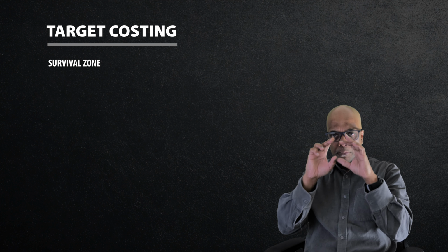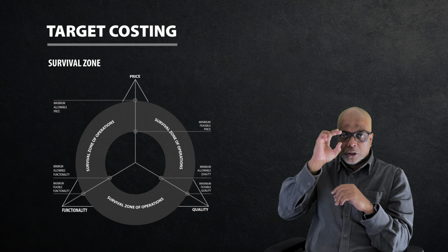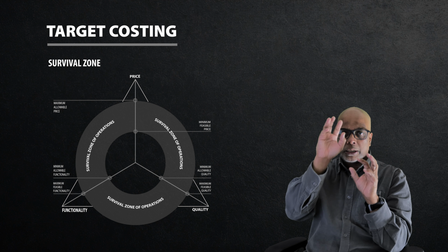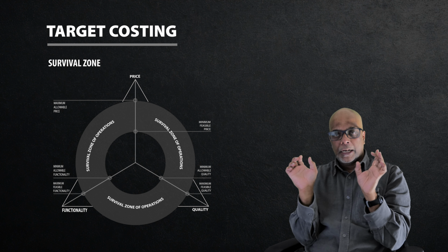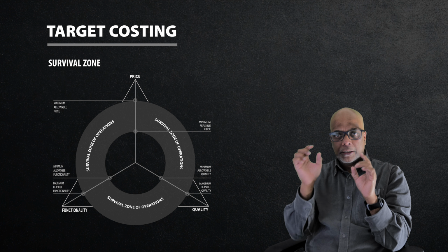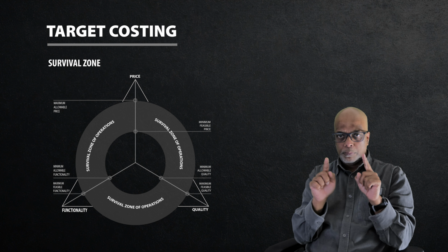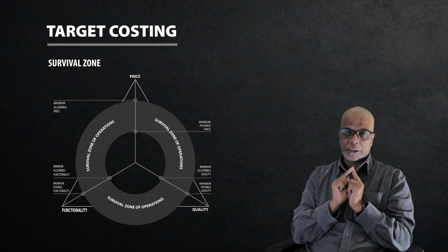The survival zone basically outlines the zone in which the firm should operate in relation to three dimensions: price, functionality, and quality. What can be our minimum price and the maximum price? What should be the maximum level of functionality and the minimum level of functionality?